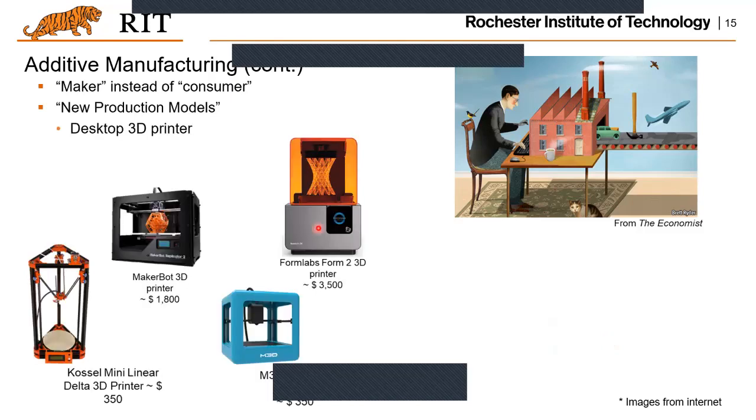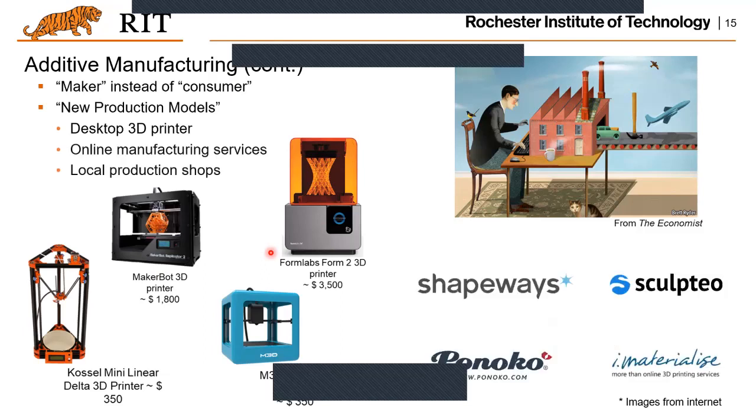For example, you have those desktop 3D printers, which are available for individual users, or you could have those online manufacturing processes or local production shops. Basically, you just design your parts, upload them to their server, and they will fabricate them for you and send them through FedEx or UPS in a very short amount of time. And that is only possible when you have this kind of new technology, such as additive manufacturing and also cloud services.